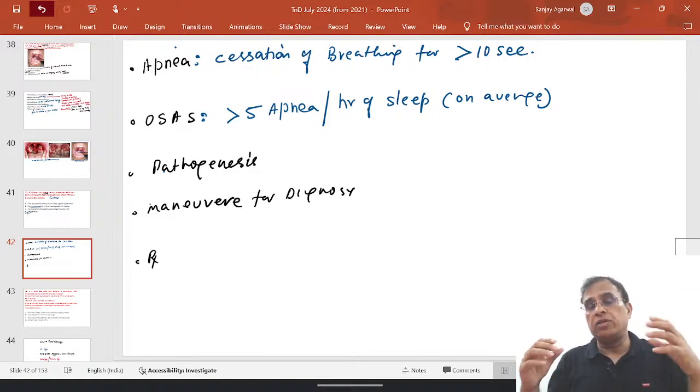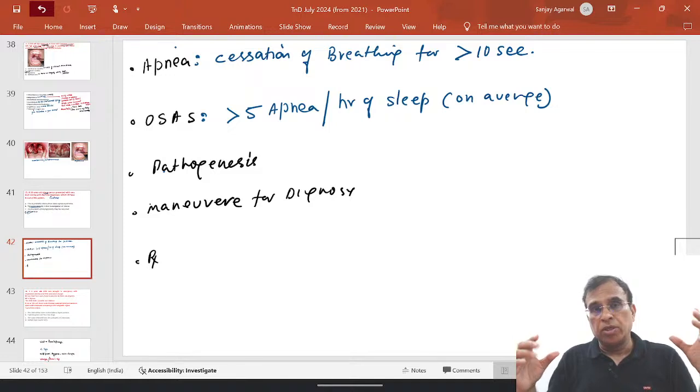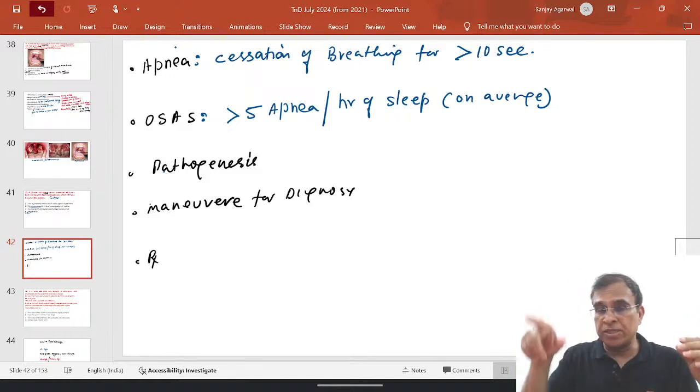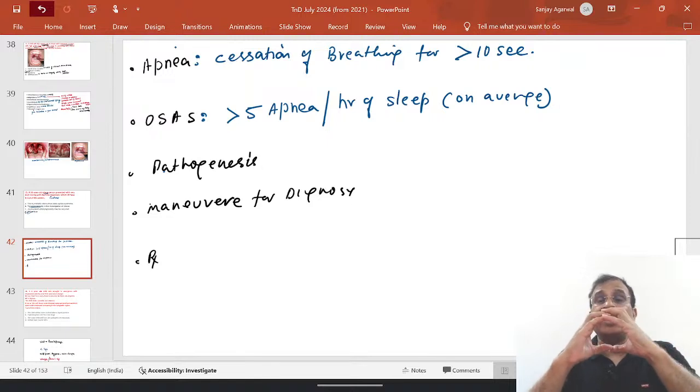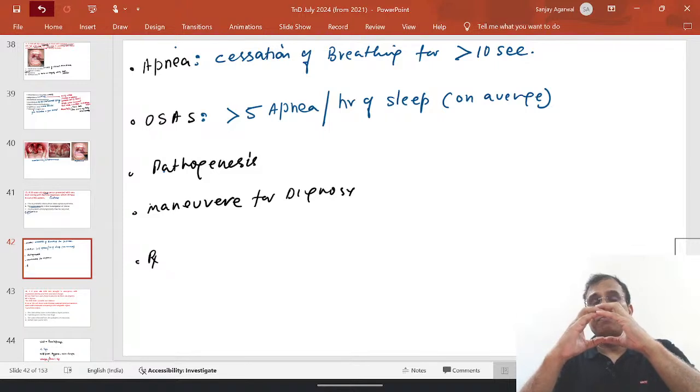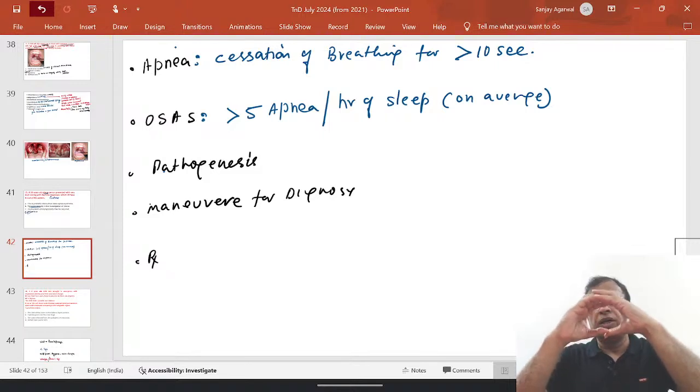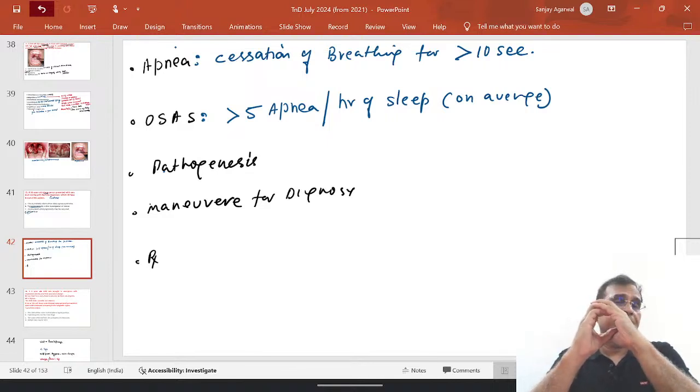So the pharyngeal muscles also relax when you are sleeping. The pharynx is surrounded by muscles, the superior constrictors and all that. So when the muscles relax, they collapse the pharyngeal mucosal wall, and your pharynx, which was normally like this, becomes small and narrow like this. This happens to all of us during sleep.